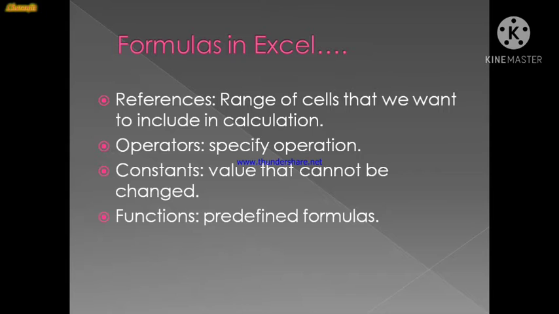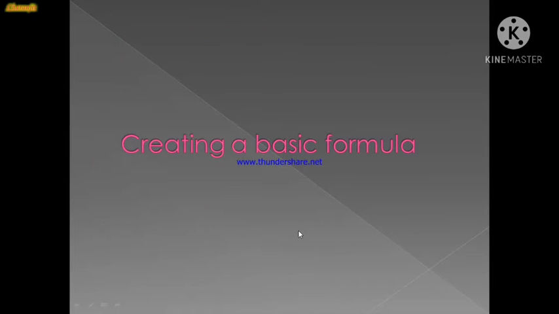These are the symbols that are used to operate on data. Constants, a value that cannot be changed like 5, 10, any value that cannot be changed, that is called a constant. And what are the functions? These are predefined formulas. Okay, so now our next topic is creating a basic formula in MS Excel.